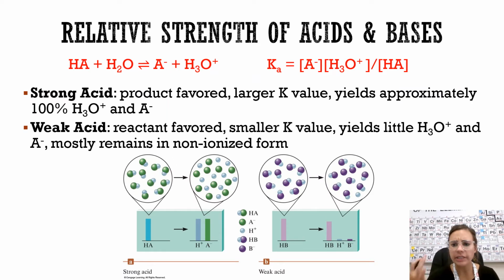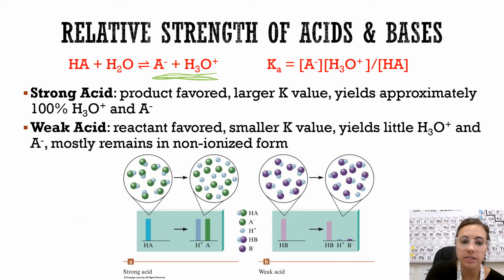Okay, so let's delve a little bit more into why the equilibrium constant tells us the strength of an acid or a base. So a strong acid, something like hydrochloric acid, is considered strong because it is so product favored. It has a really large K value, so that means it yields essentially 100% conjugate base and hydronium.